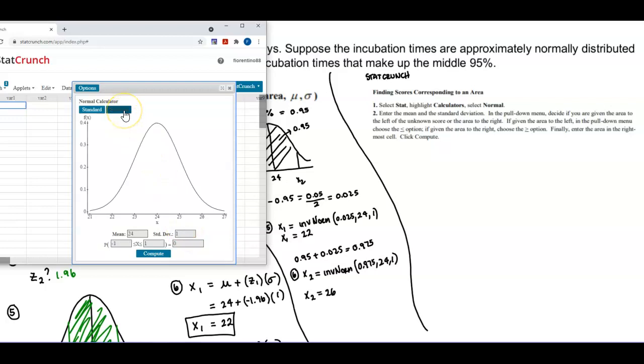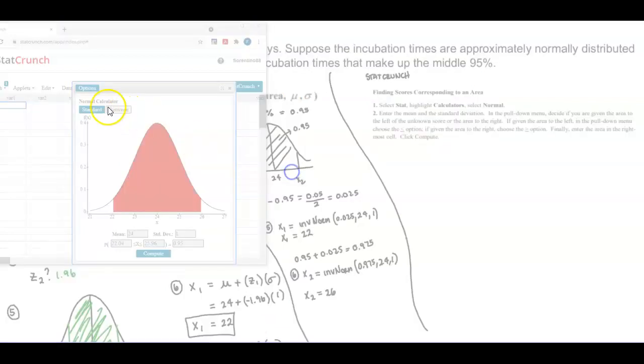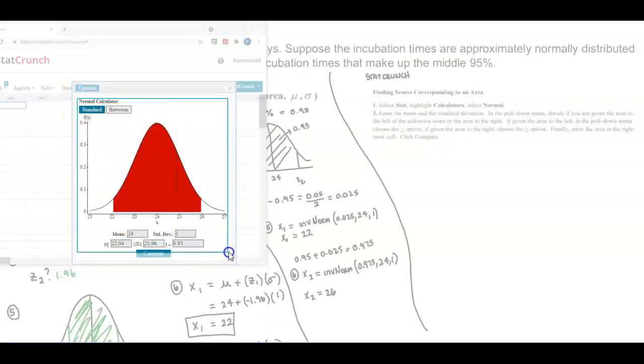Okay, and it says between. So we know that it's going to be in between what values? Well, we know that we have an area of 0.95, and now we're going to select compute. And so therefore, that gives us our answers pretty quickly.